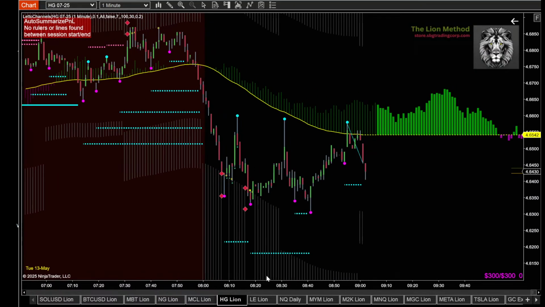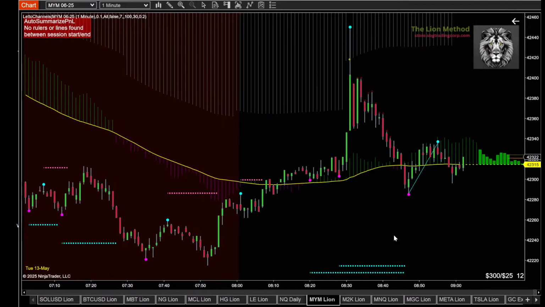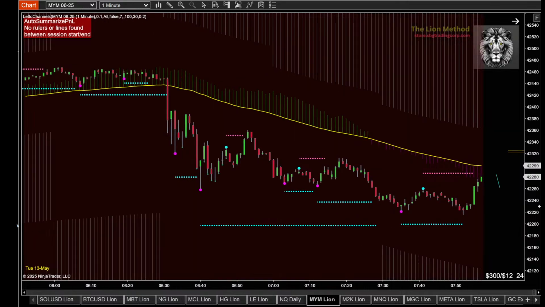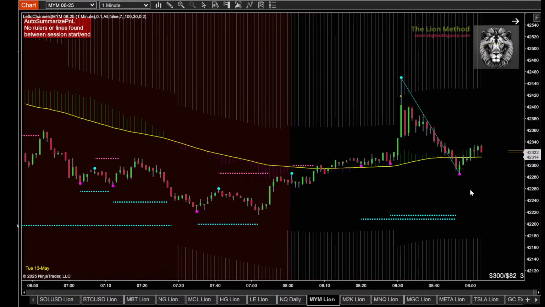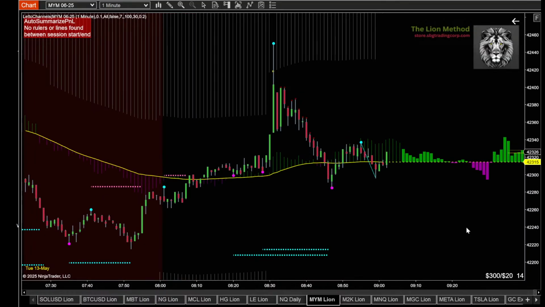The dotted lines are our targets. Stop losses are at the dots. So we're looking for oversold, overbought conditions, and then we look toward the entry dot and a reversion back to the midline.